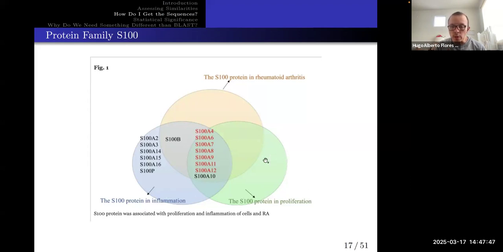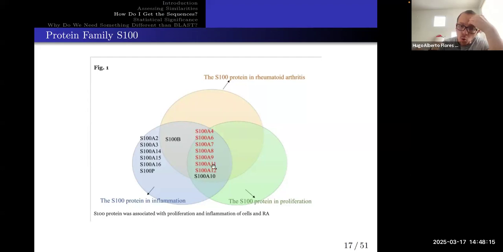In green, this circle represents proliferation, and in yellow-orange, you can see another circle representing rheumatoid arthritis. The idea is that some S100 proteins sometimes belong to just one circle. Sometimes, in this particular case, they belong to the three circles at the same time.